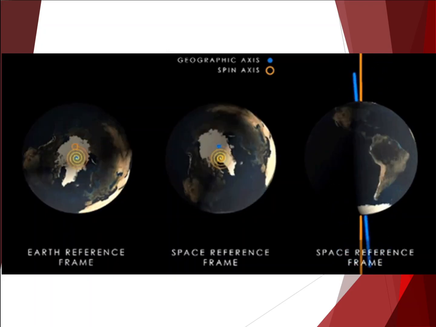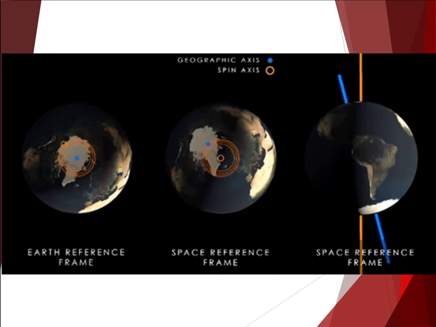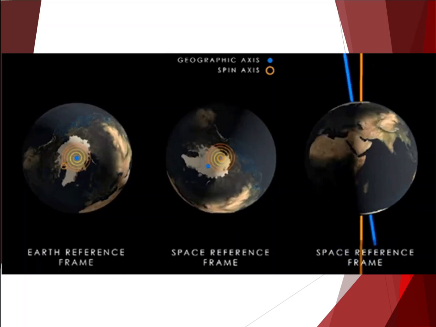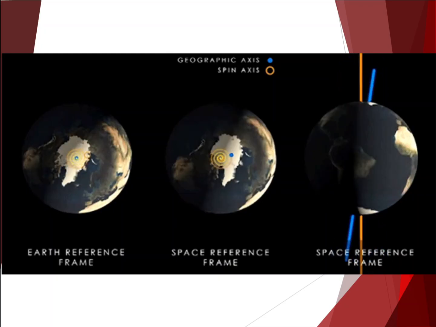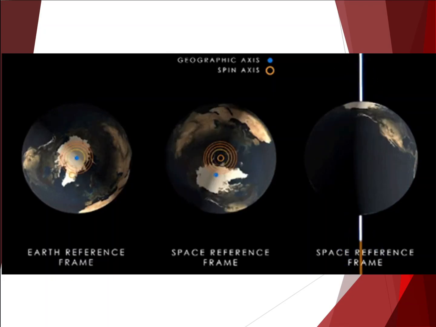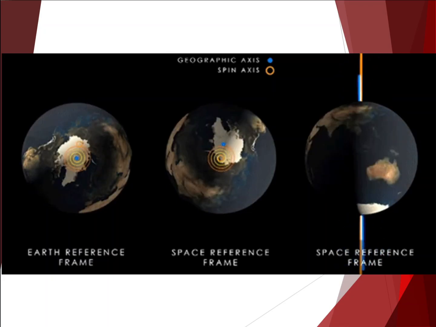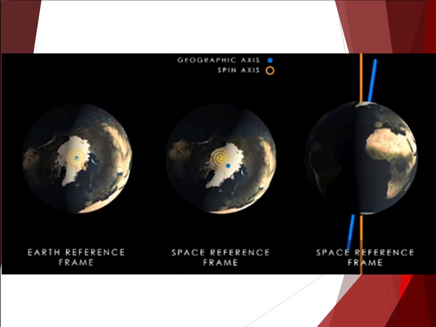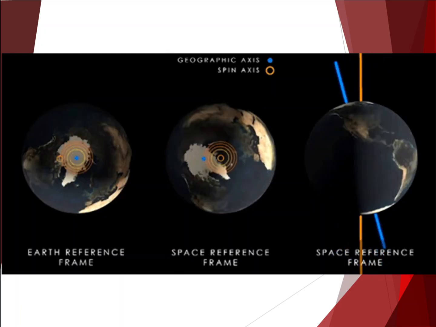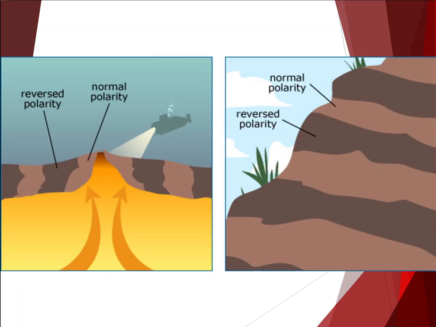When Earth's magnetic field reverses polarity, the same end of the compass needle still points to the magnetic North Pole. However, the magnetic North Pole would be located closer to the geographic South Pole. After yet another pole reversal, the poles switch back so that magnetic north is again closer to geographic north.